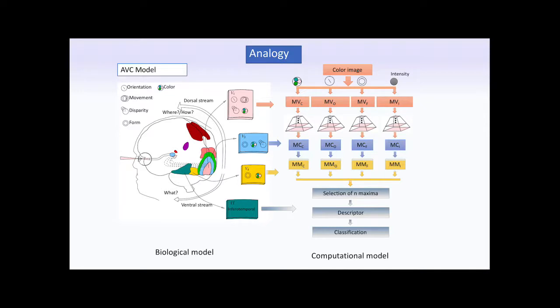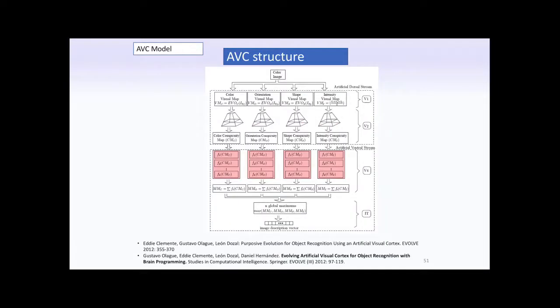This represents the computational model that we are following, that is the analogy of the biological model. The artificial visual cortex structure follows the idea of the different levels that go from the input image to the V1 area, V2, V4, and inferotemporal cortex.